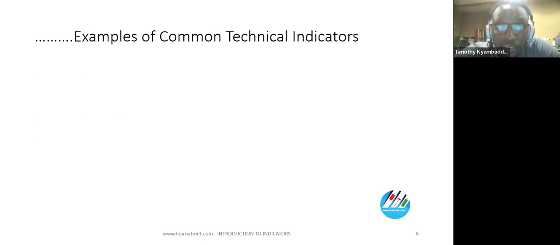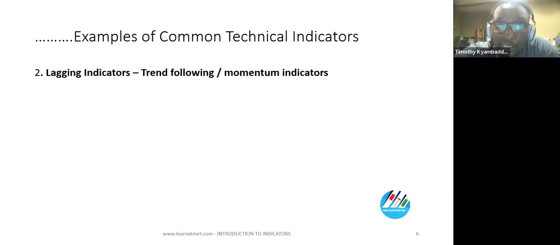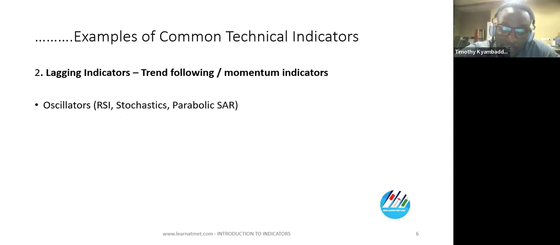The second type of indicators, the lagging indicators, examples of the lagging indicators. And the lagging indicators, remember, are trend following or momentum following indicators. Here we have the oscillators, things like the RSI, stochastic, and the parabolic SAR. We shall be looking at all these in our following lessons next week on Tuesday and Thursday.